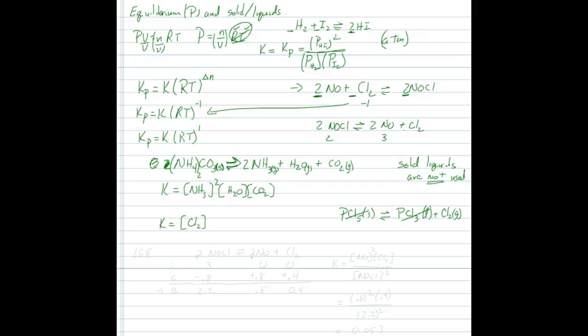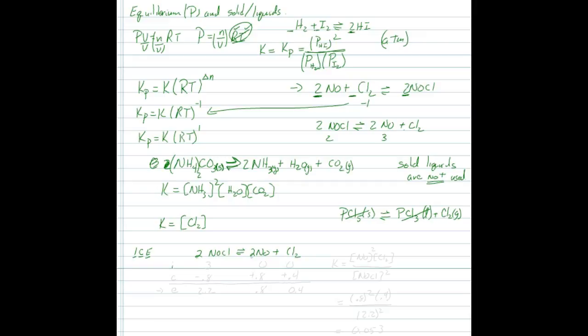Another thing that you can do is you can use an ICE table. I stands for initial, change, and equilibrium. And you'll be given an initial concentration, or concentrations, and a final concentration. So, at a set temperature, you have 2NOCl in equilibrium with 2NO plus Cl2.